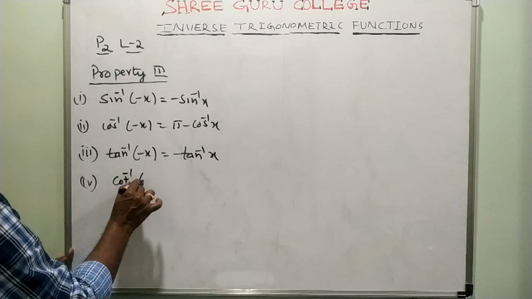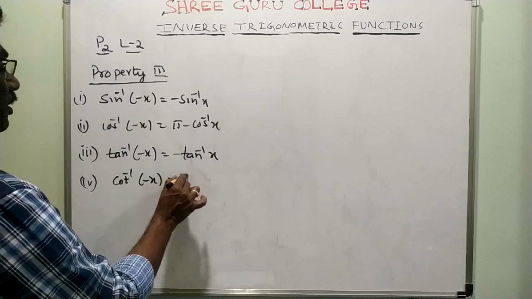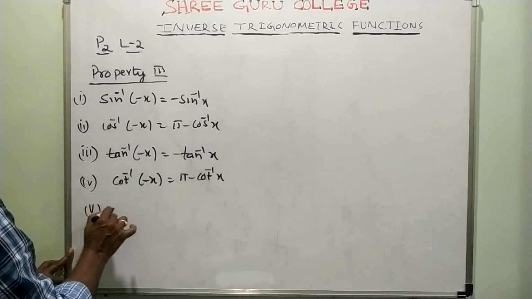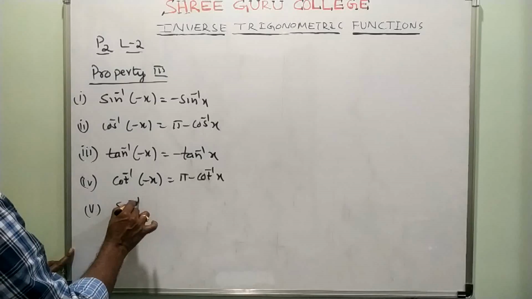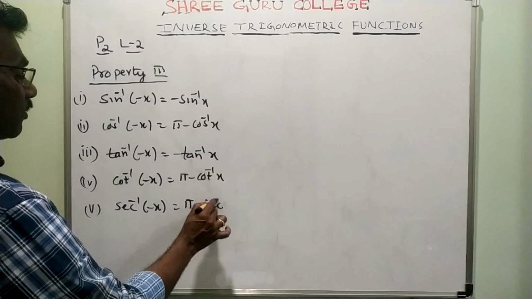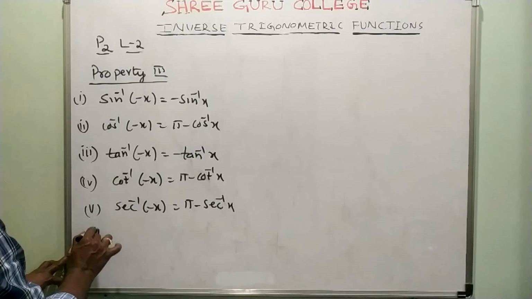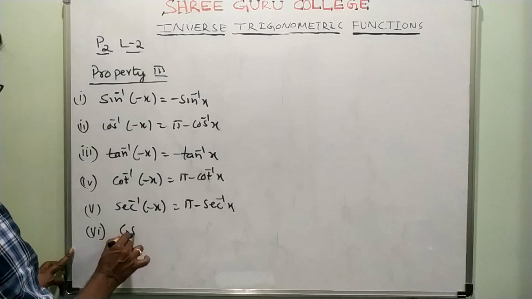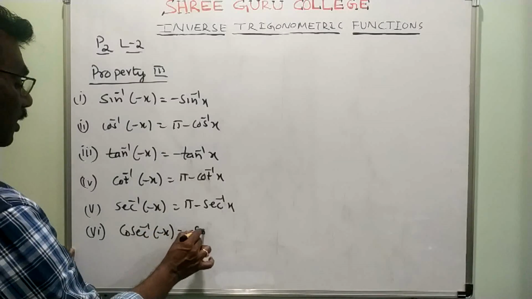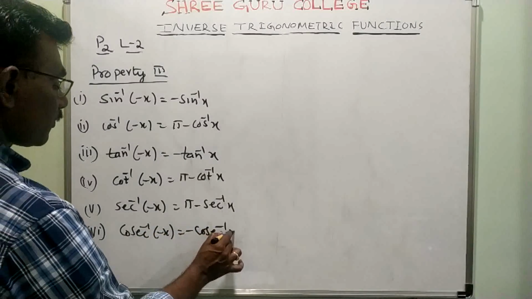Cot inverse of minus x is pi minus cot inverse of x. Secant inverse of minus x is pi minus secant inverse of x. And the sixth one is cosec inverse of minus x is minus cosec inverse of x.